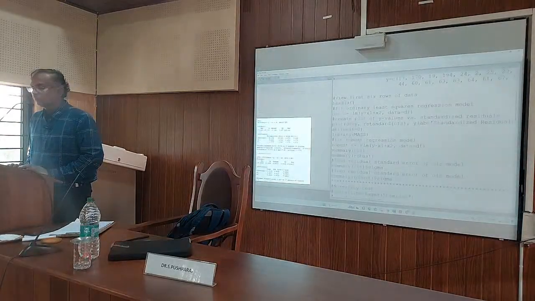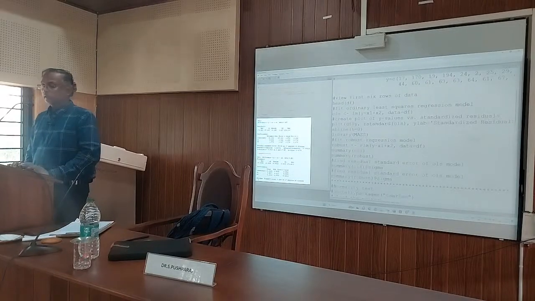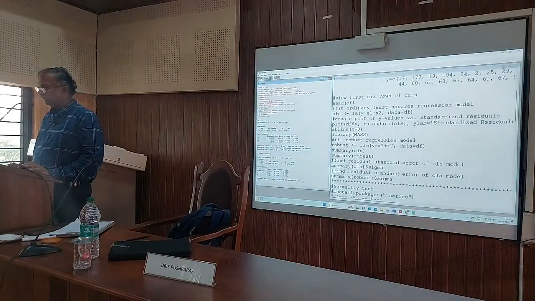We can compare these two models: one is the OLS model and the other is the robust regression model.